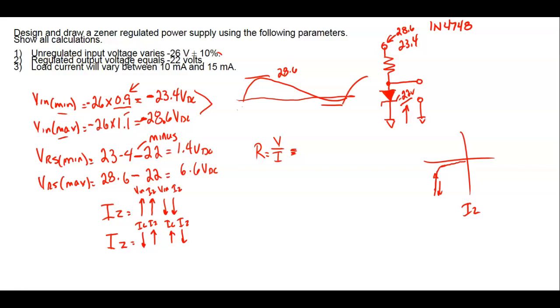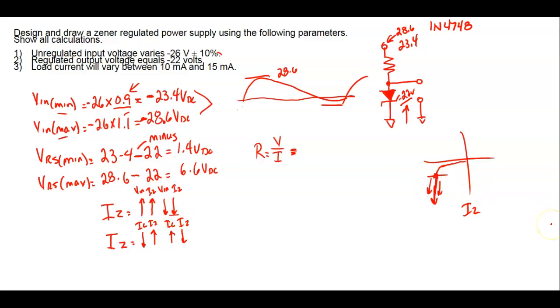So we're trying to guarantee we choose a resistor that always operates above this knee, always. When does zener current go down? So I'm going to use the minimum voltage. If I choose a resistor that gives me enough current for the minimum voltage, then if the voltage goes up, zener current goes up, and I'm moving in this direction.